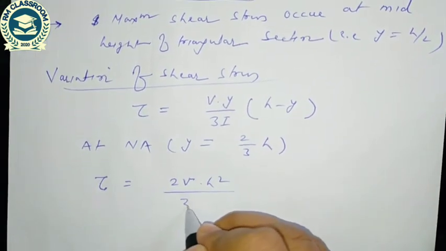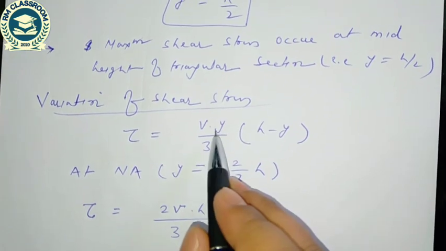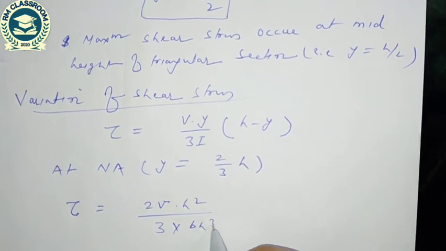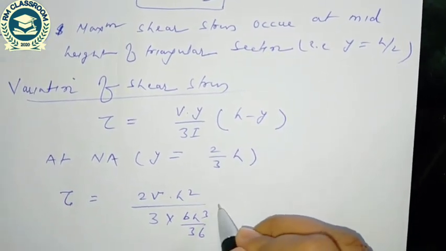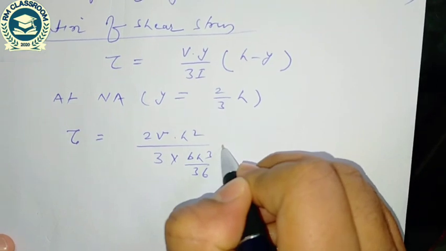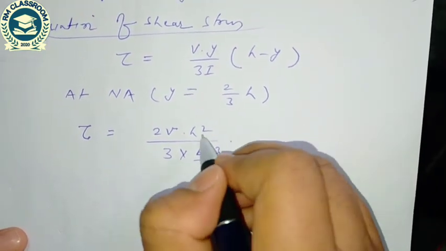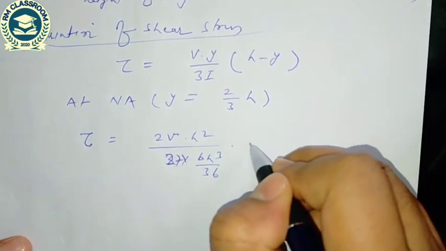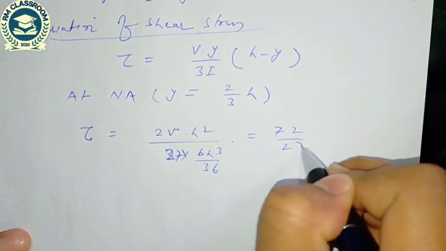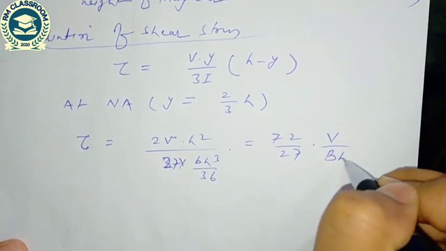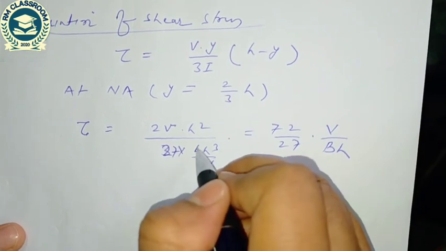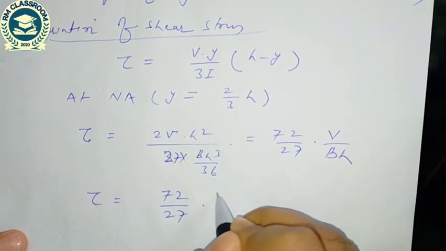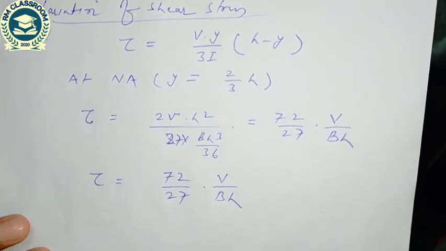So 3 into 2 into V, 3 into bh cube by 36. It's coming 72 by 27 V upon b into h. It is capital B. So tau is equal to 72 upon 27 V upon b into h.